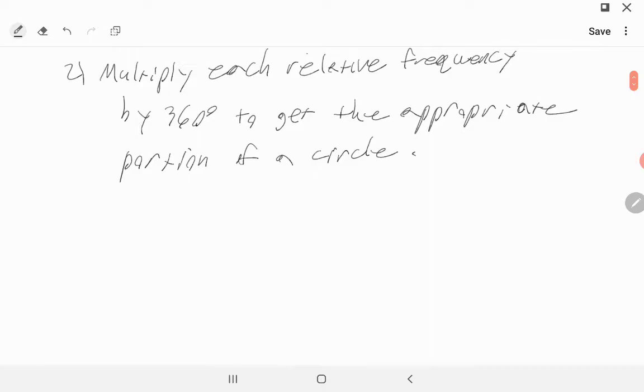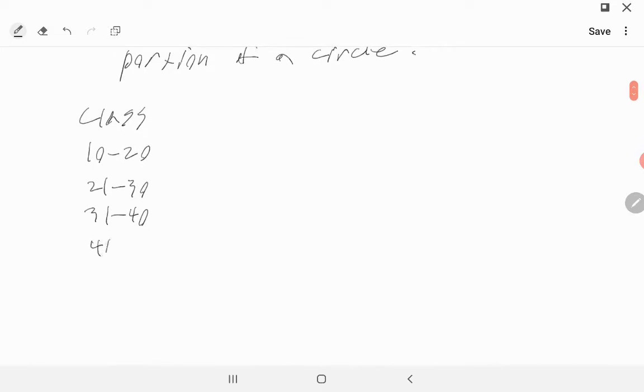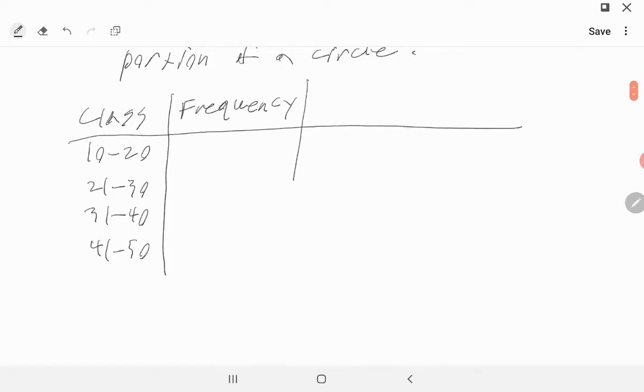So we notice that if we were given classes of, say, ages 10 to 20, 21 to 30, 31 to 40, and 41 to 50, and we were looking at frequencies, let's make it things that are relatively nice.